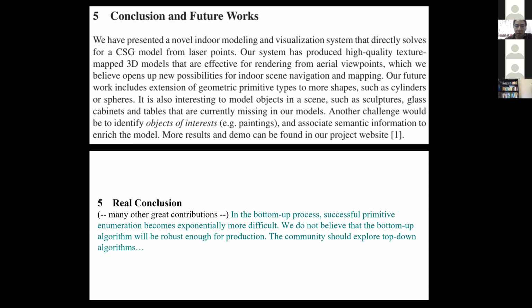Do not believe that the bottom-up algorithm will be robust enough for production. The community should explore top-down, and so on. I should have written that. But if we wrote that, likely the paper may not have been accepted or may not even have won an award. Actually, I didn't realize this fact back then. Now I feel that way. But this is the real conclusion we should have put in the paper.